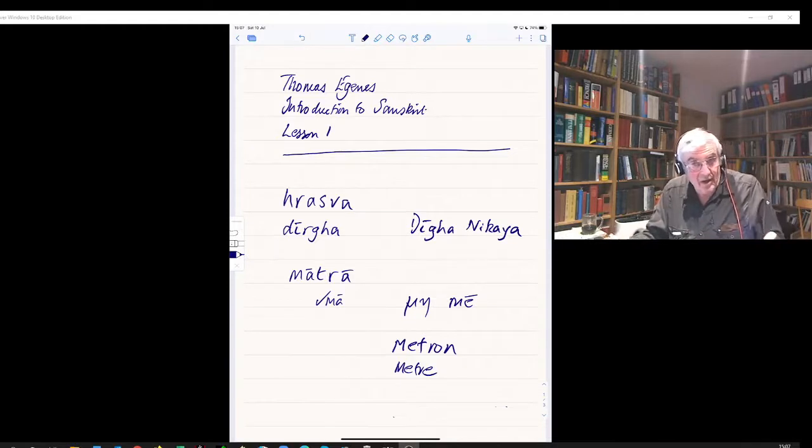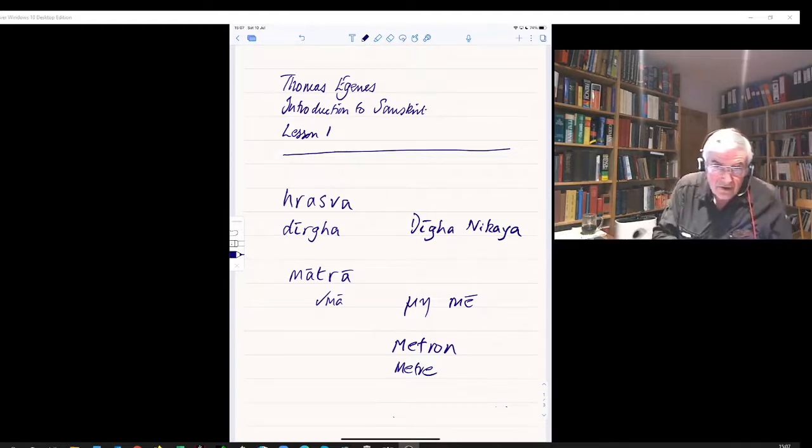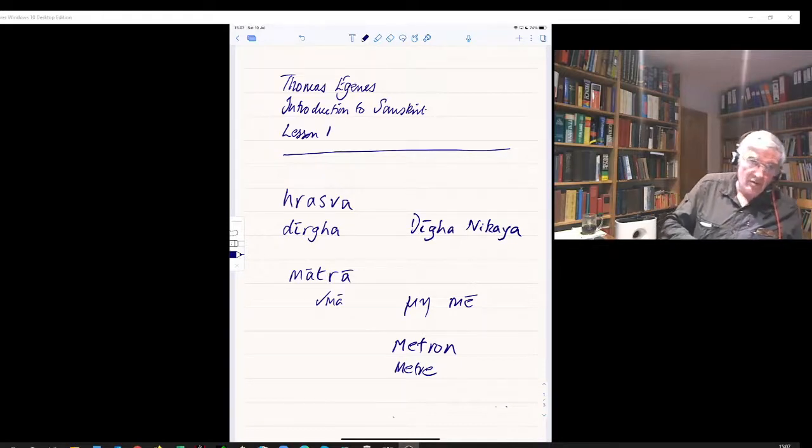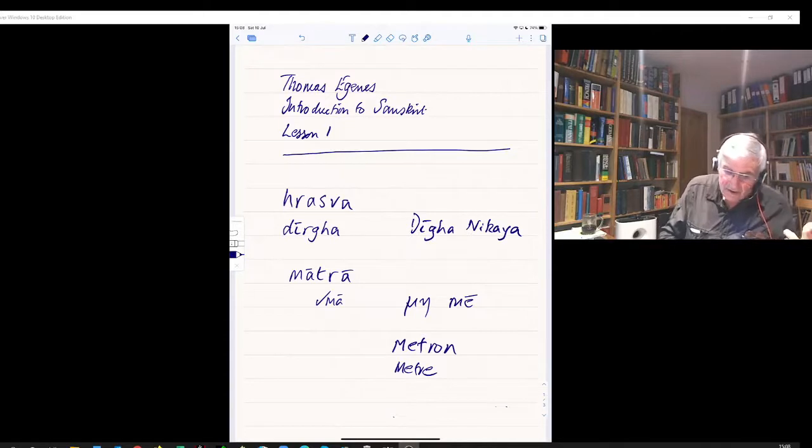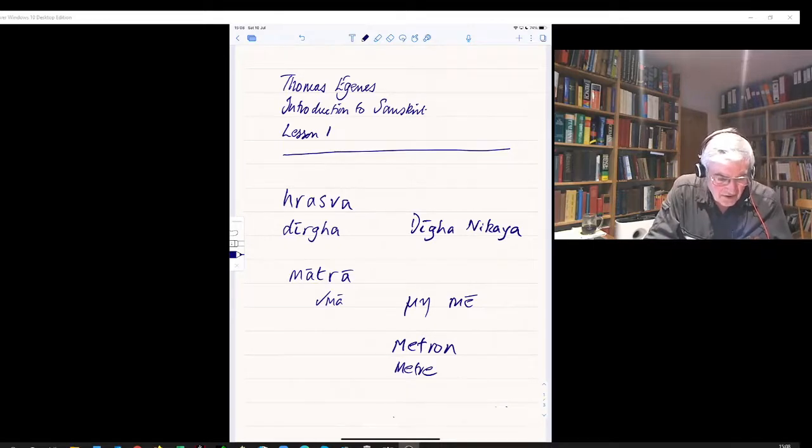It is even a mathematical, arithmetical measurement of how long things are. So a short syllable is one matra, and a long syllable is two matras. And in this paragraph 4 at the bottom of page 2, it mentions in Vedic Sanskrit, rarely in classical Sanskrit, there are also vowels held for 3 counts called pluta, which are marked in Devanagari and Roman script by a short vowel followed by the numeral 3.